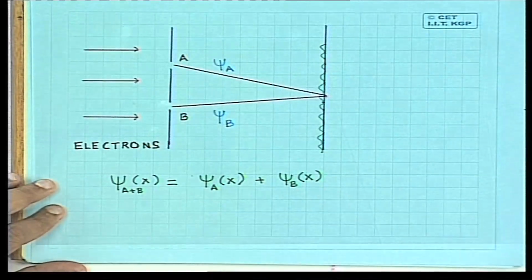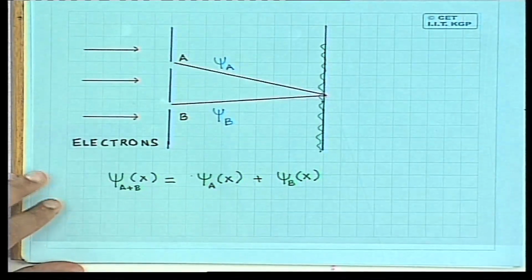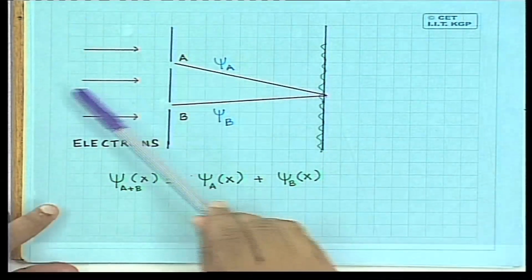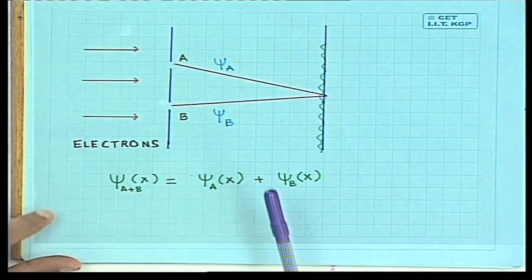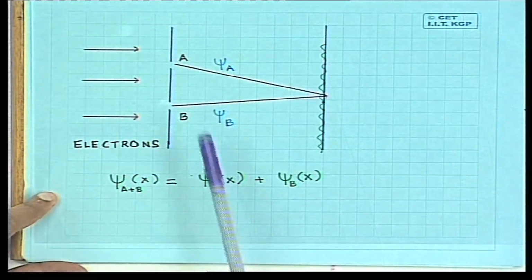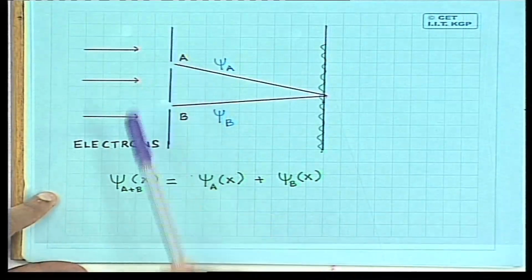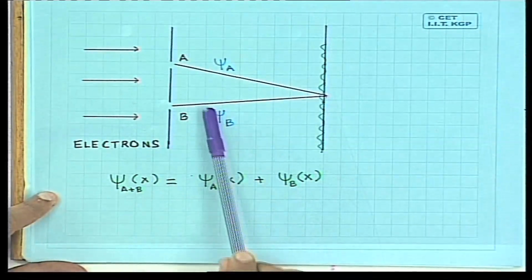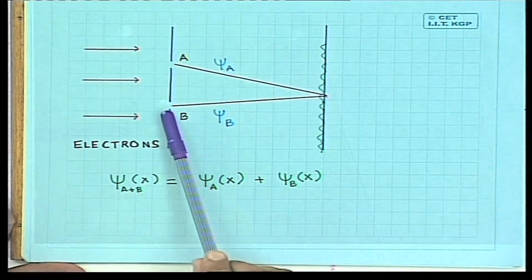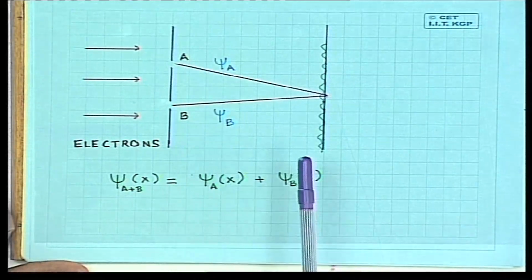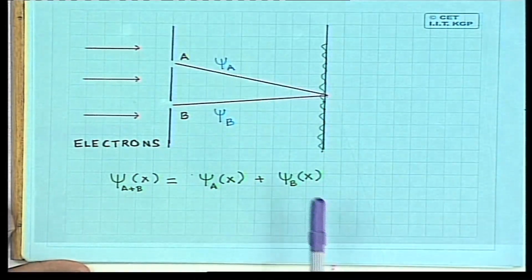In order to explain this, you have to invoke the fact that the electron is actually described by a wave propagating from the left side, incident on the screen, and then you have secondary waves being emitted from the slits. The wave being emitted from slit A is psi A, and the wave being emitted from the slit B is psi B.